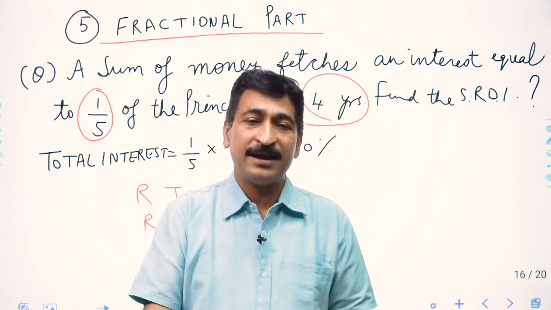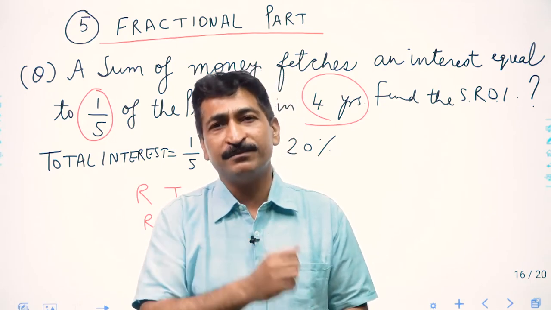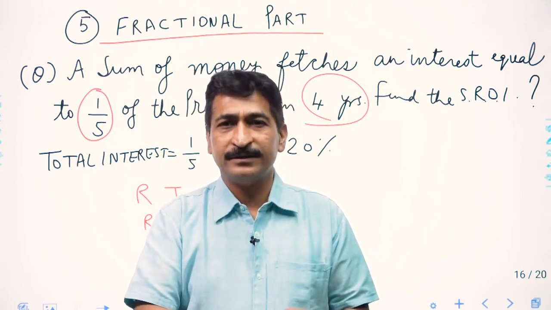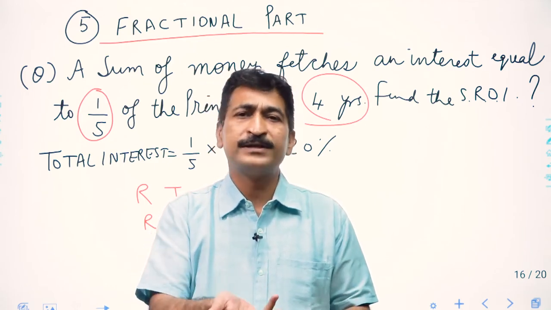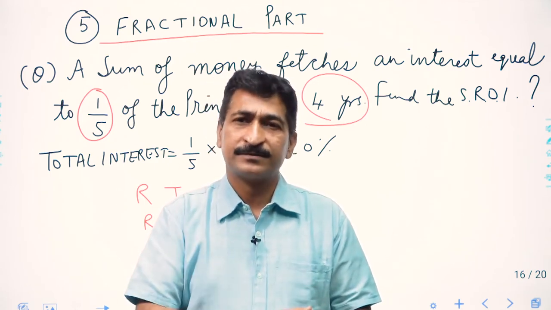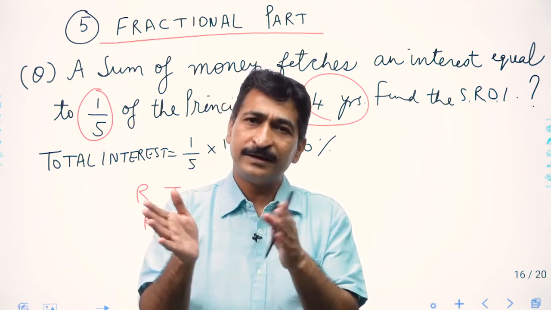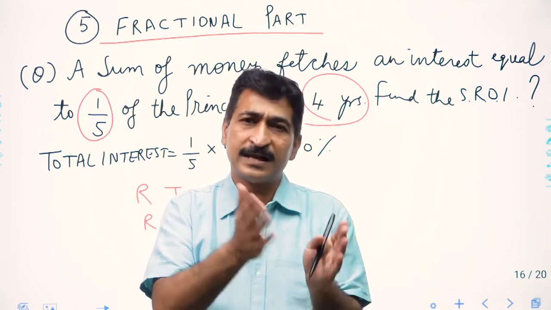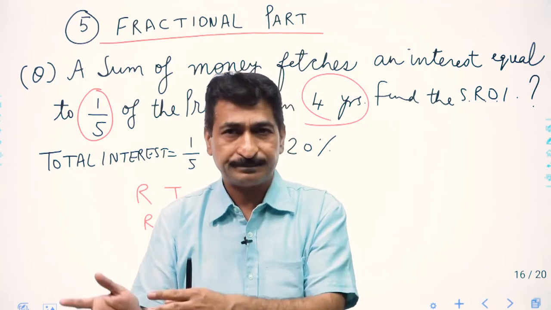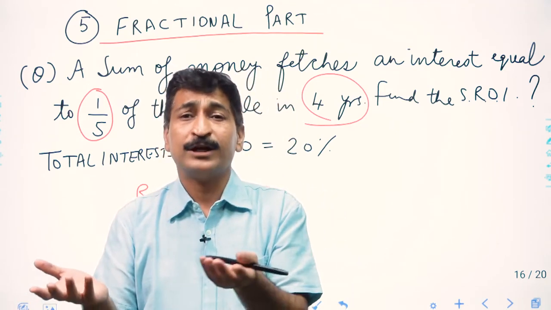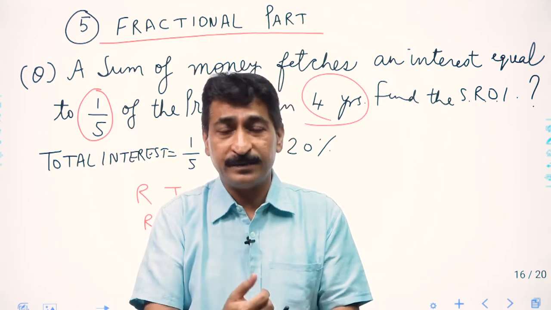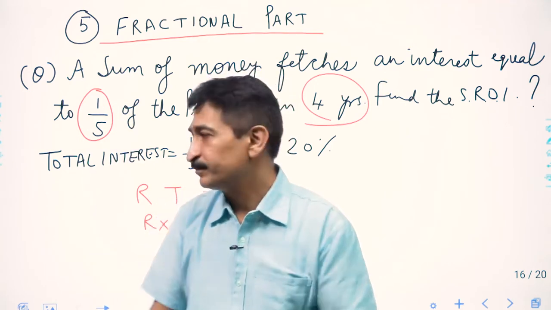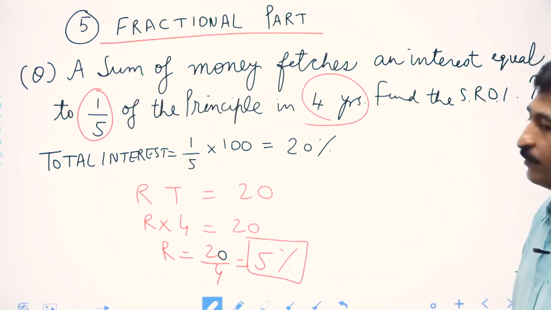When it is the same, why not calculate it in a lump sum? I give you 5% rate of interest for 4 years. You will say, sir, 5 4s are 20, so you are giving me 20% interest. So when you are calculating total interest, it is always R into T, rate into time. And what is my principal? 100%. So what is the amount I am getting back with interest? 100 plus RT. So this is how this question is done.